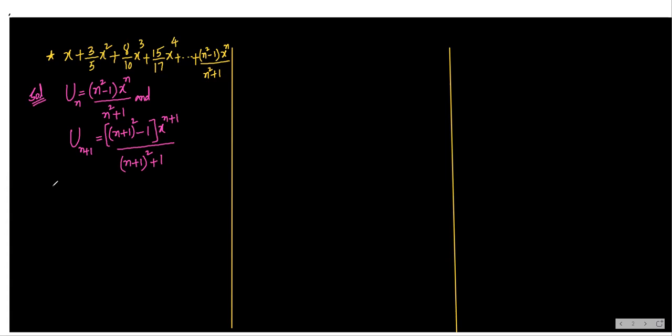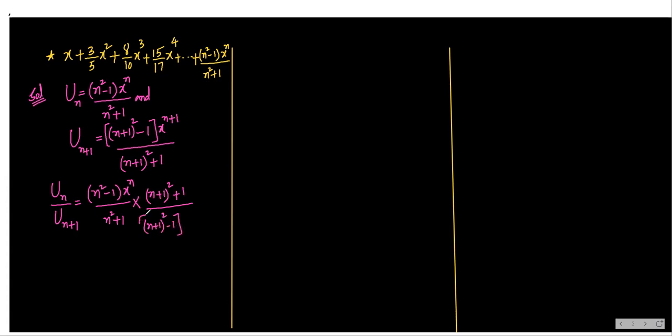Now the second step: we have to find the value of un by un plus 1. Un is n square minus 1 into x power n, divided by n square plus 1, multiplied by the second fraction reversed, that is n plus 1 whole square plus 1 over n plus 1 whole square minus 1.